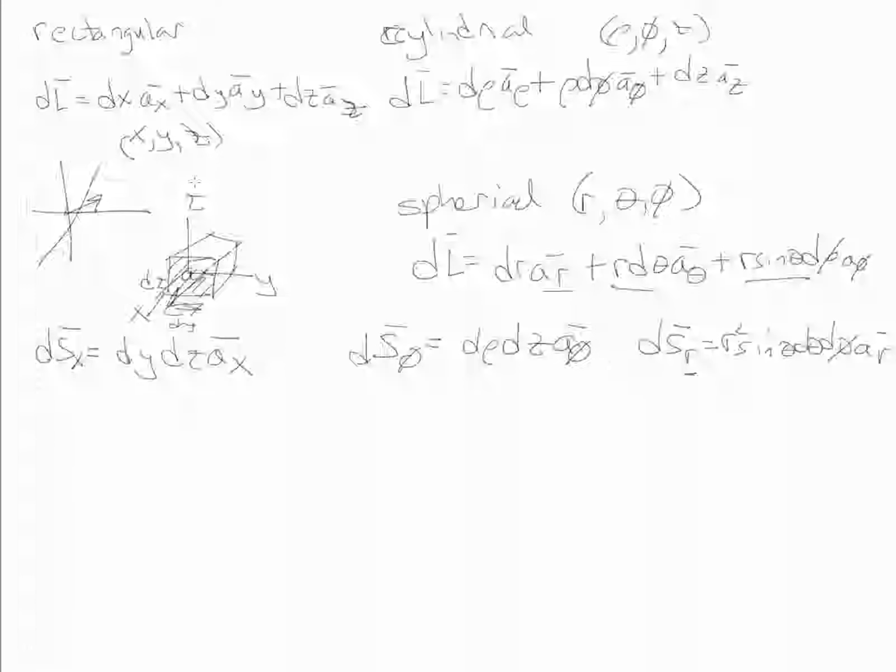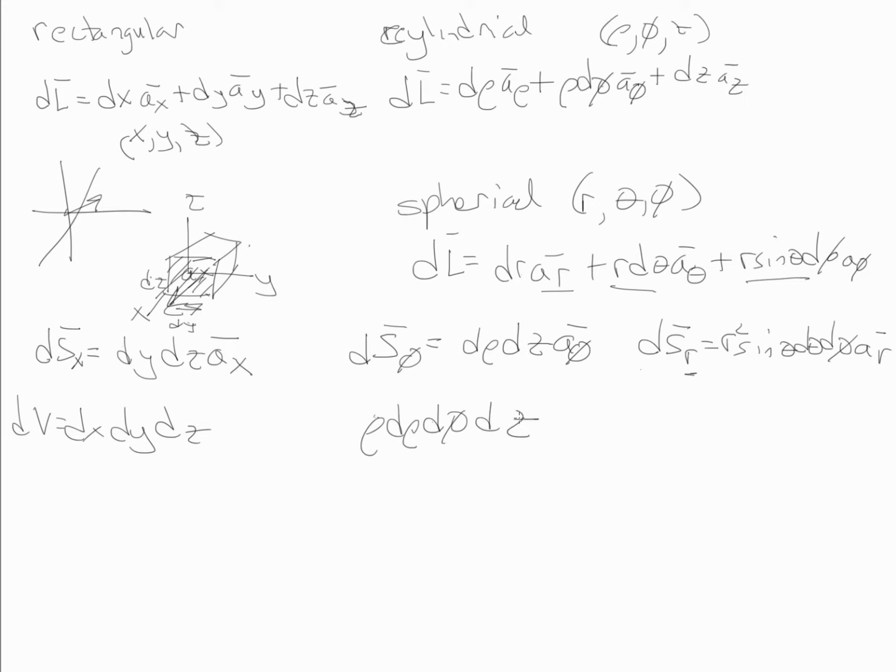And also, because you've memorized these three lengths, you can also get the volume. So the differential volume is going to be dx, dy, dz. In the cylindrical system, you just take the coefficients of the components. So that's going to be rho, d rho, d phi, and dz. That's going to be dv.